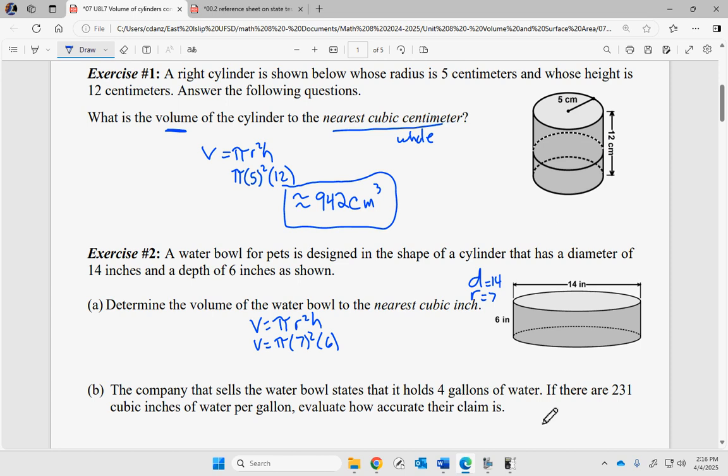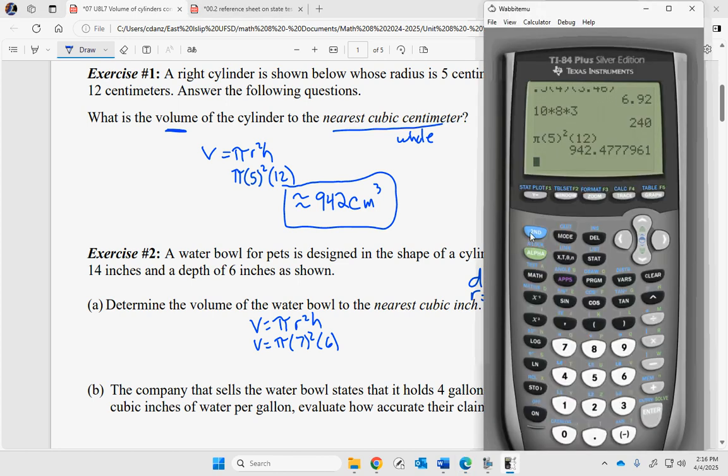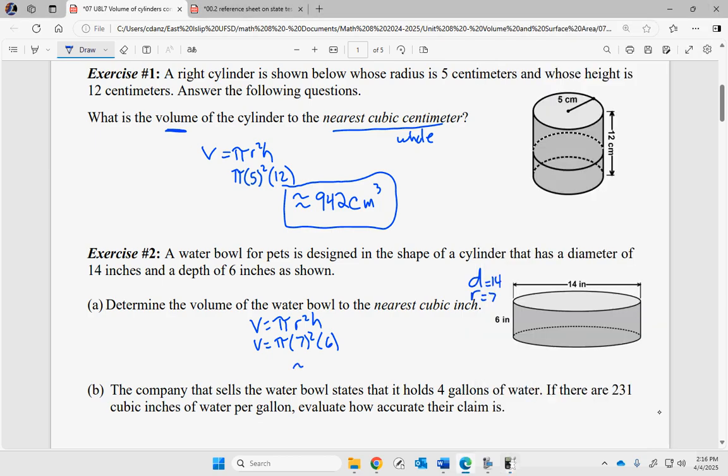Use your calculator and do pi times 7 squared times 6. To the nearest cubic inch means to the nearest whole number. So it's about 924. And that would be cubic inches.